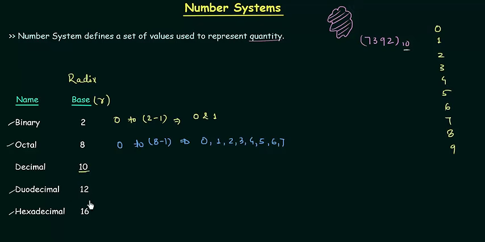For duodecimal, the base is 12, so we have 0 to 12 minus 1, and this will give us 0, 1, 2, 3, 4 all the way to 9.